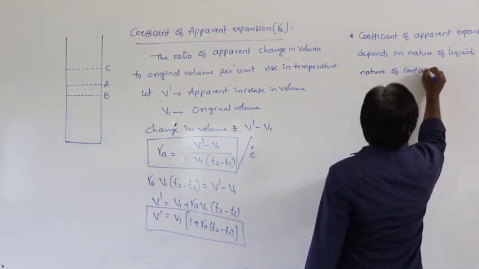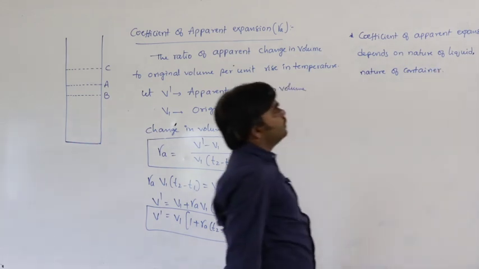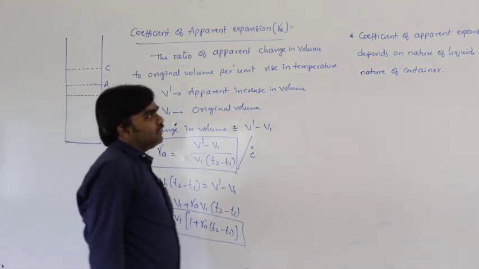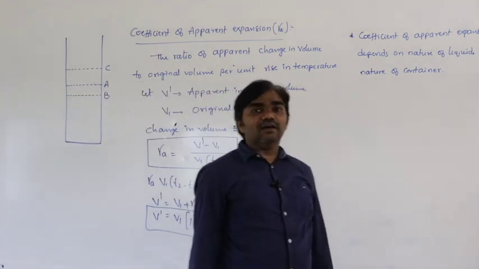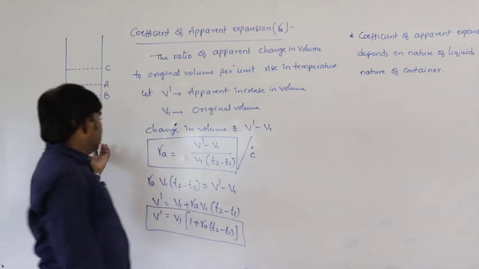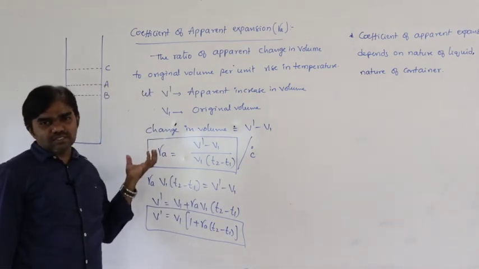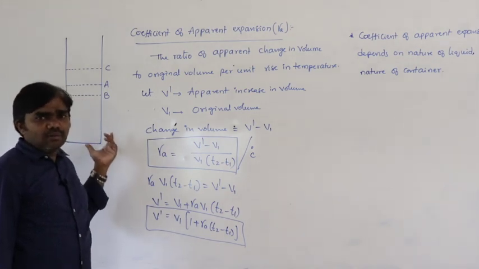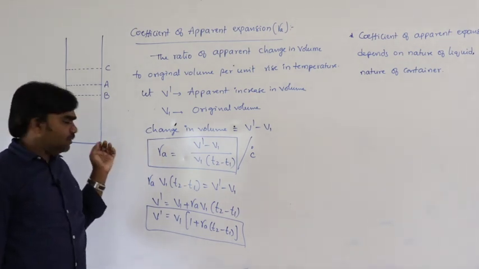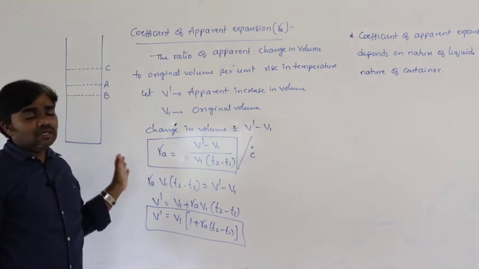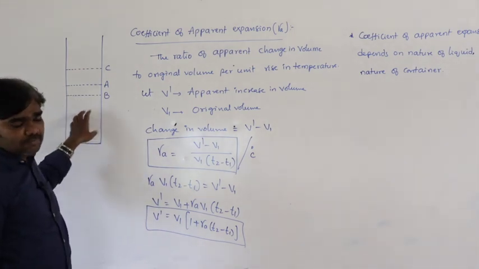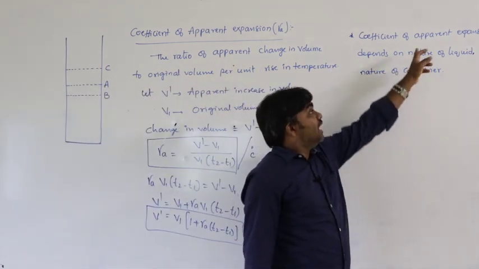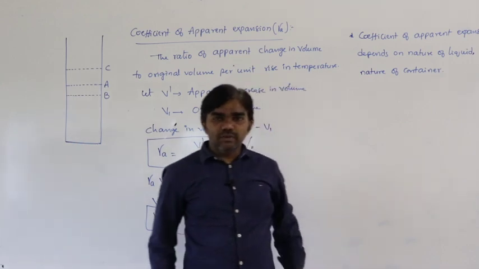What is the material of the container we have to consider? Maybe it is aluminum, or copper, or iron, or steel, whatever container we consider. So the coefficient of apparent expansion depends on the nature of the container as well as the nature of the liquid.